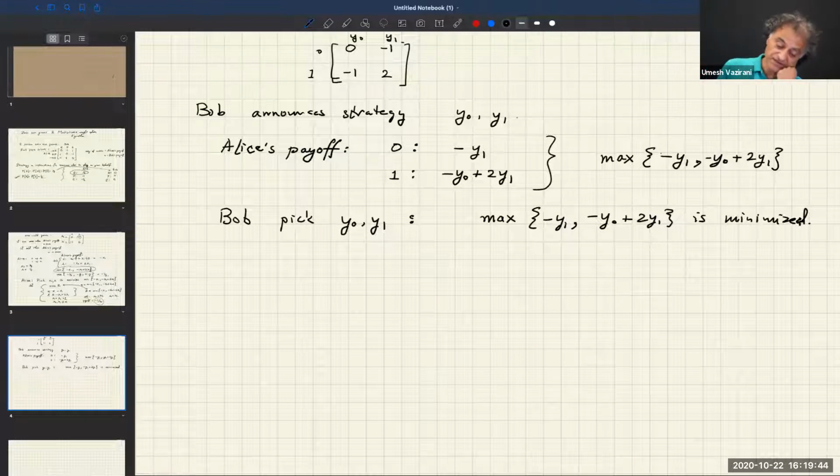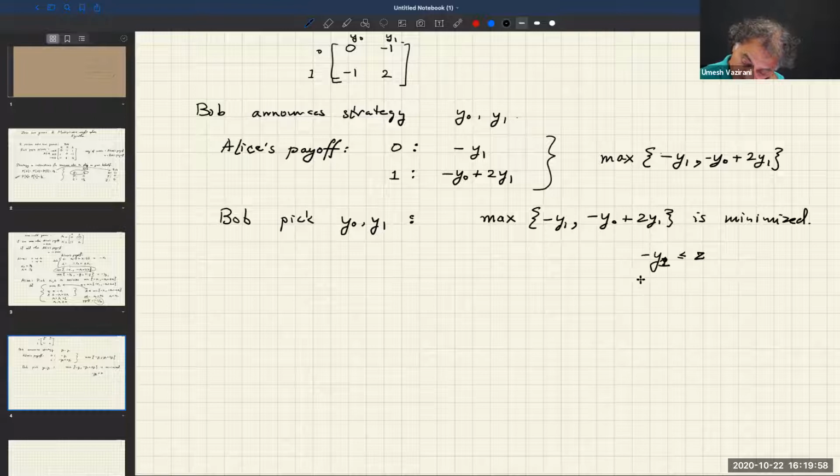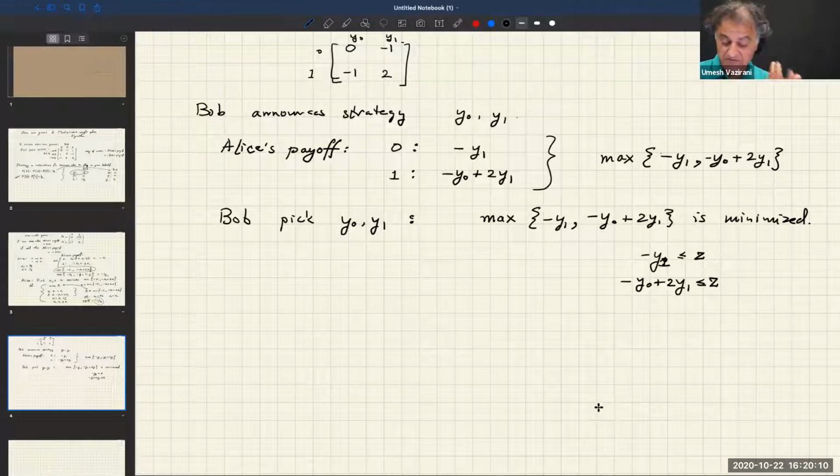You would write minus y1 less than or equal to z, minus y0 plus 2y1 less than or equal to z, and we want to minimize z.